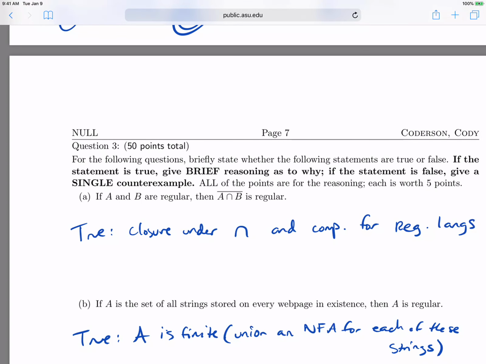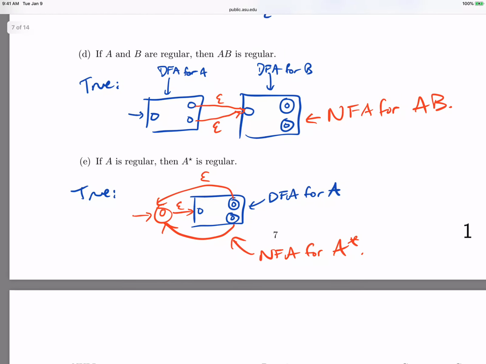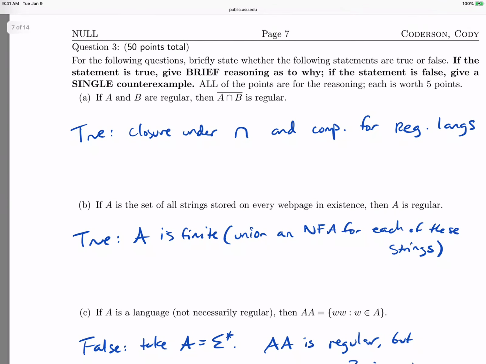It says, give brief reasoning as to why. So if it's asking you to show that it's closed under concatenation, then you need to show that it's closed under concatenation. But what I said in class is, if it's not about that specific thing, then you can use it, which is like what part A is. Okay, you see the difference between the two?